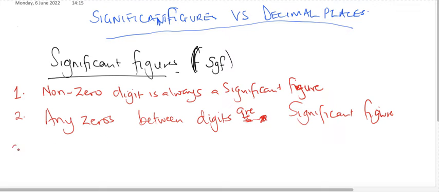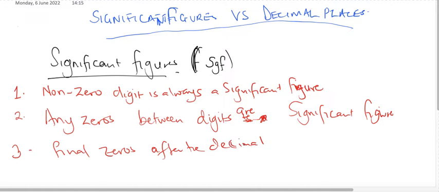And rule number three, which is the last rule, final zeros after the decimal point, some people prefer calling it a dot, are significant. I'll explain this in detail, like zeros that come after numbers. You'll understand it better with an example.